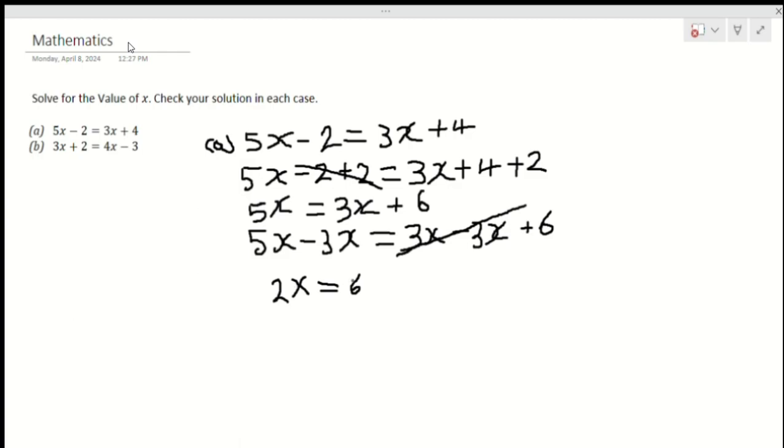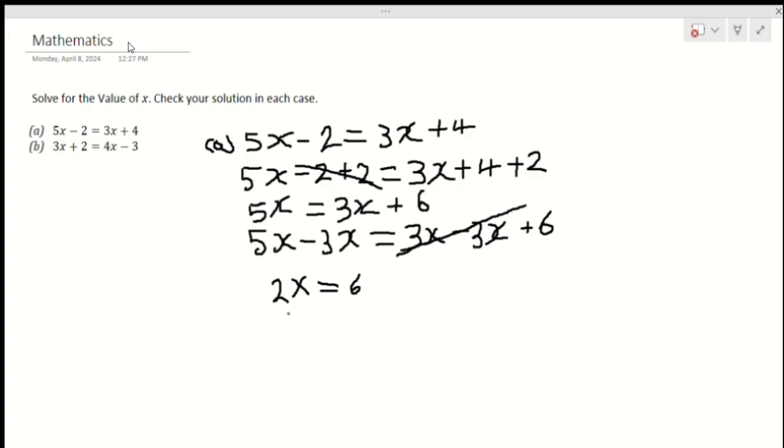That's multiplication, and the opposite of multiplication is division. So I have to divide both sides by 2 in order to get the value of x. If you look at it this way, if two things cost $6, how much does one thing cost? If you divide by 2, you get 3, but let's work it out.